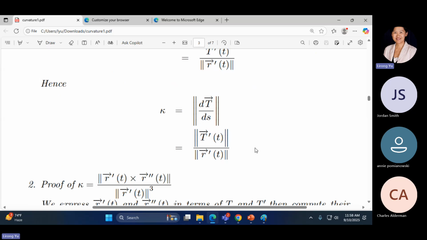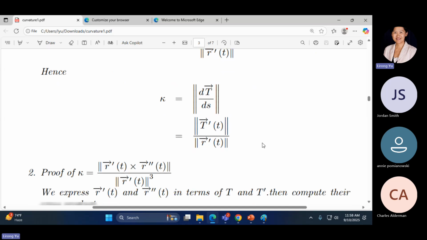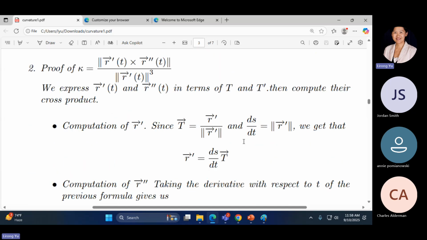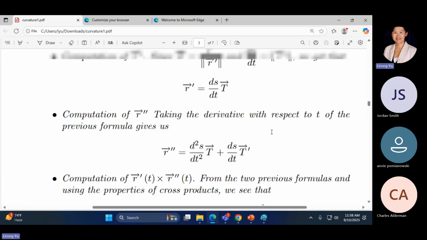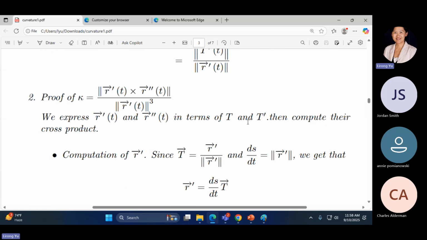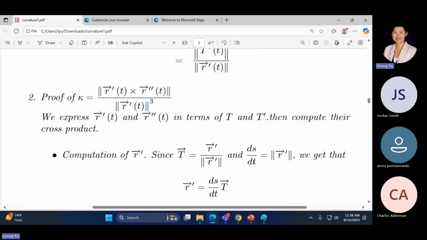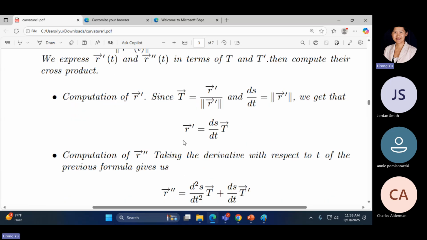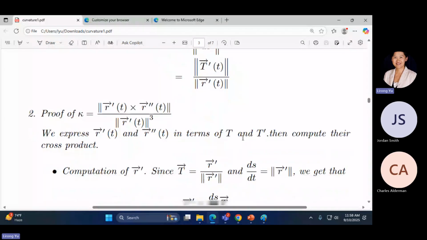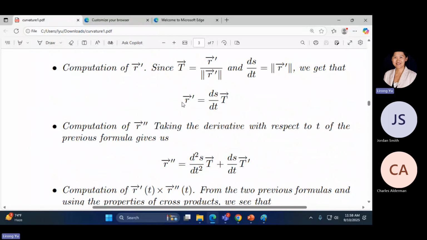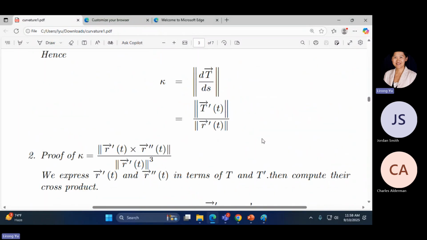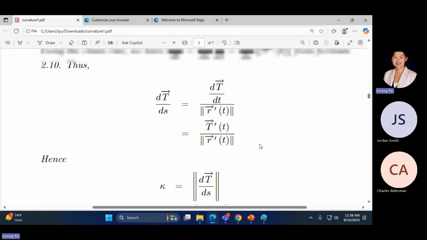And then for the second equation, we study how to find the magnitude of T prime. This is a little long-winded because we have to find out how to differentiate T prime. The way we do it is by product rule. First you find a way to represent R prime, which is already represented with multiplication.